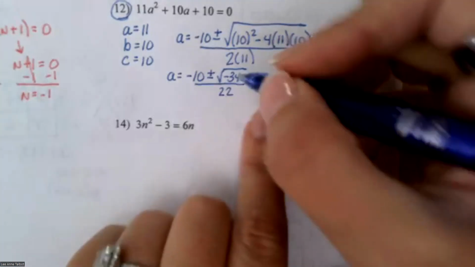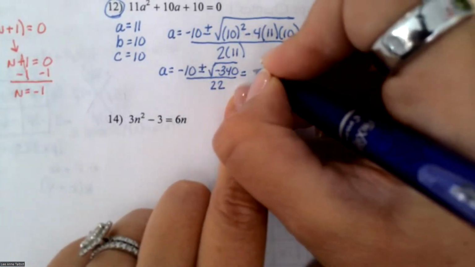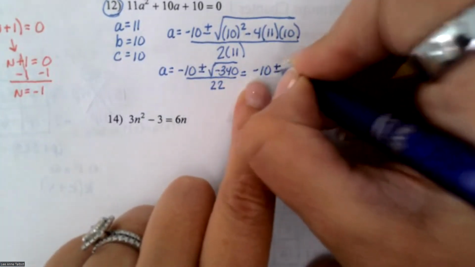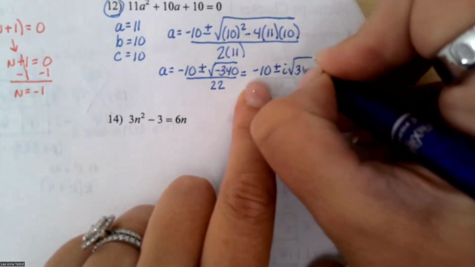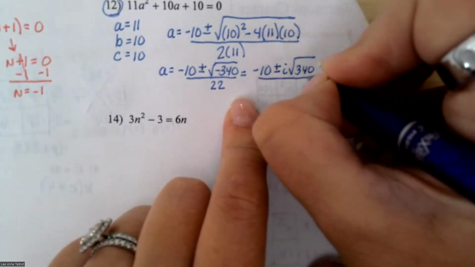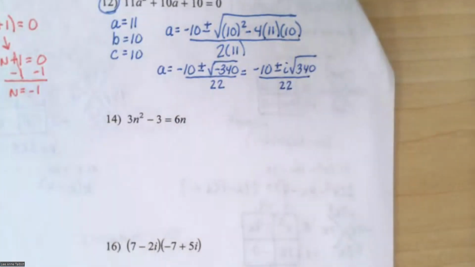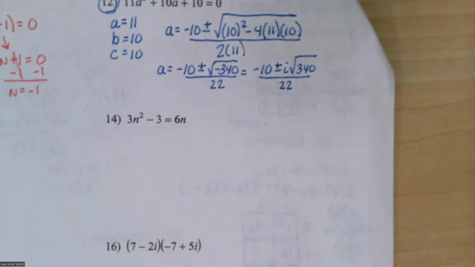Okay. The first thing I'm going to do is I'm going to fix the negative by making it i root 340. I'm going to do that first. And then I'm going to find somewhere on my paper where there's space.